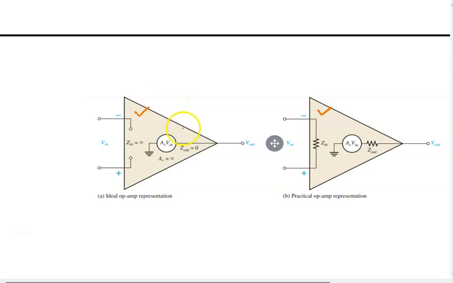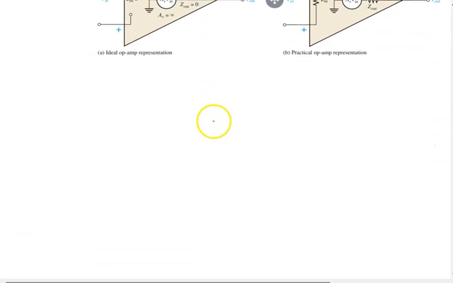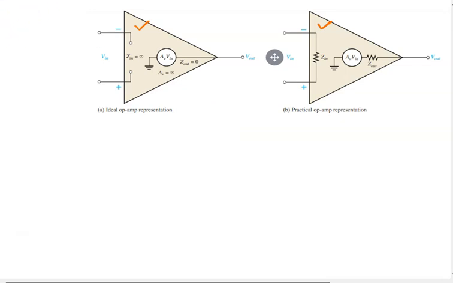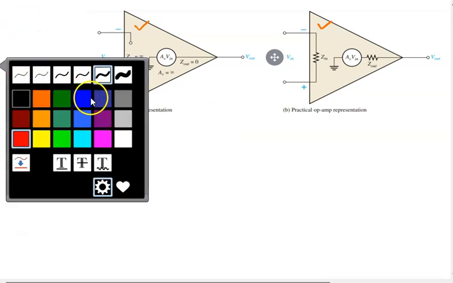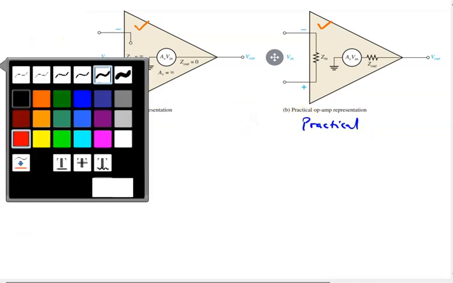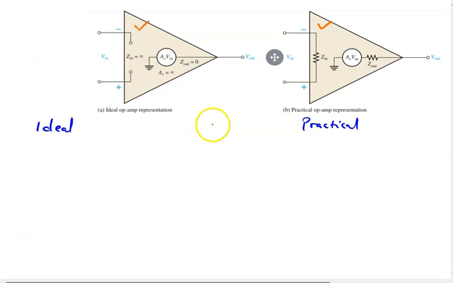So we are going to differentiate between the ideal situation and the practical situation. So what are the results?